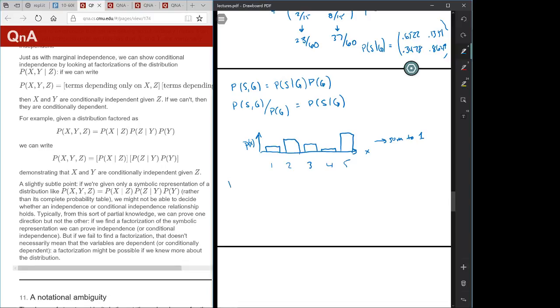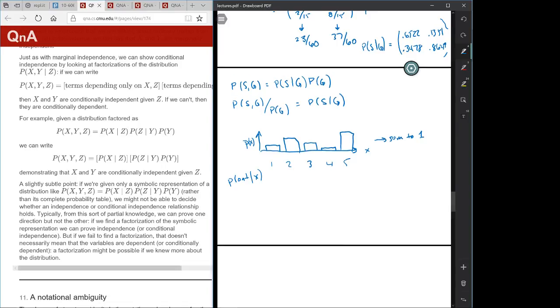So P of cat given x, right? So this is the frequency of the word cat. It's the probability that a document contains the word cat for each of those categories, right? And let's say, so we can make another graph, 1, 2, 3, 4, and 5, and here are the values of x.